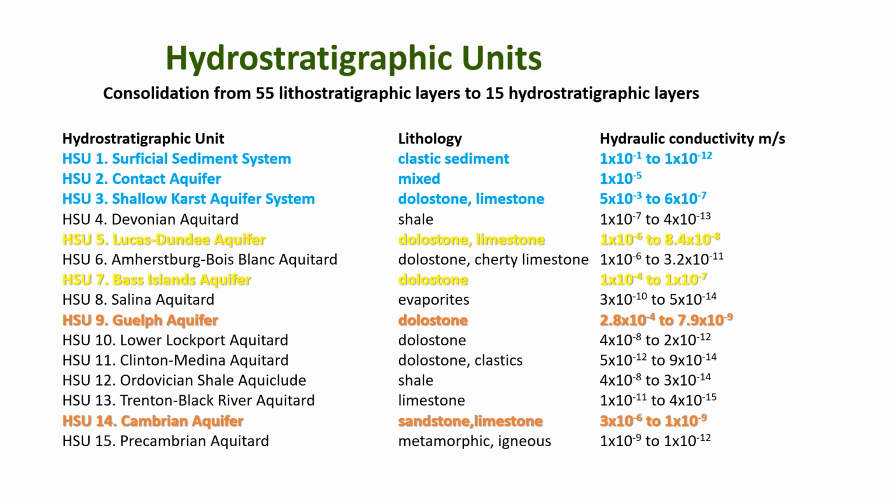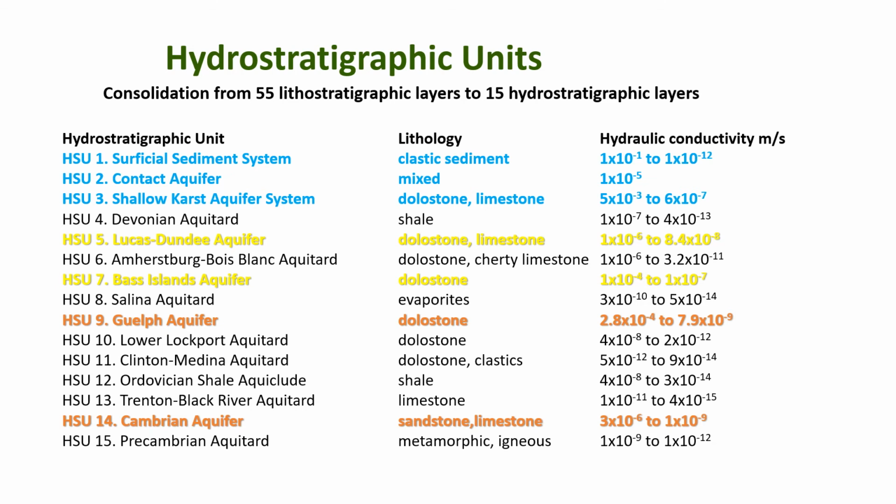This table summarizes the named hydrostratigraphic units, their lithology, and the published hydraulic conductivity measurements for the hydrostrat units. The wide range of hydraulic conductivity values within some HSUs reflect the heterogeneity and anisotropy within each of them due to mixed lithologies, lateral facies changes, diagenesis, and depth from the surface.